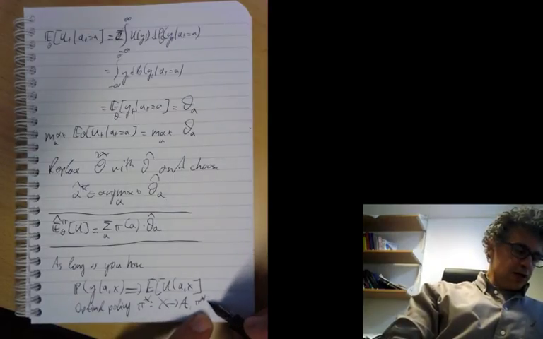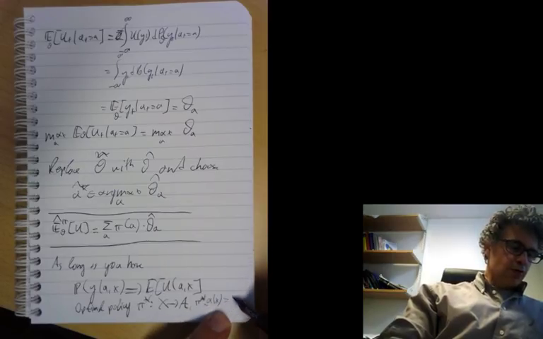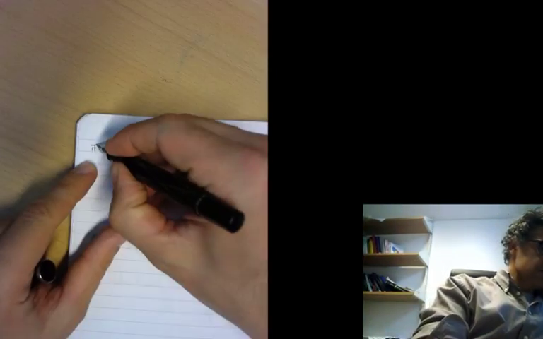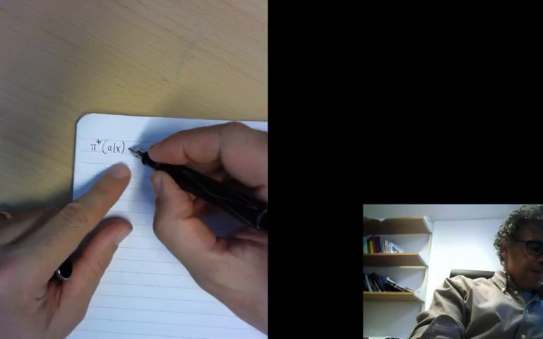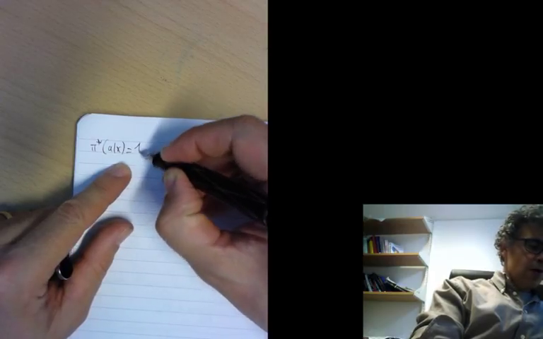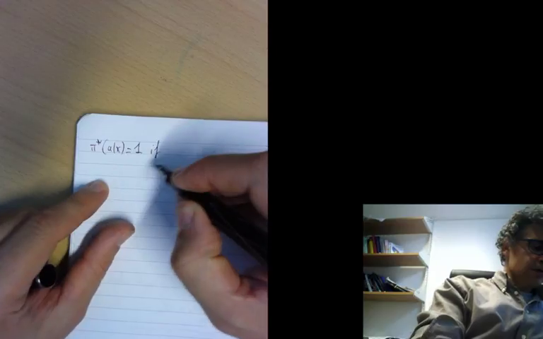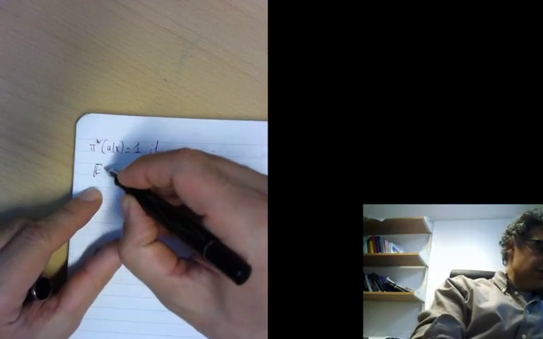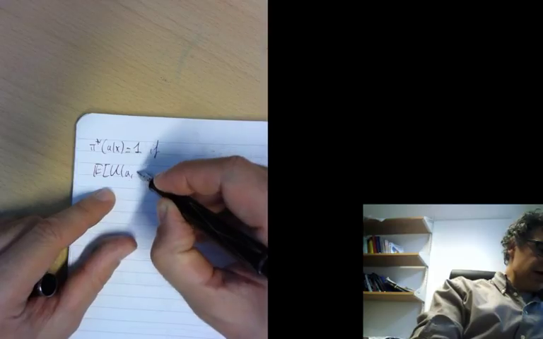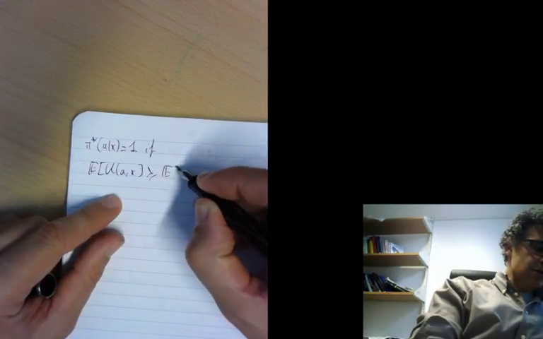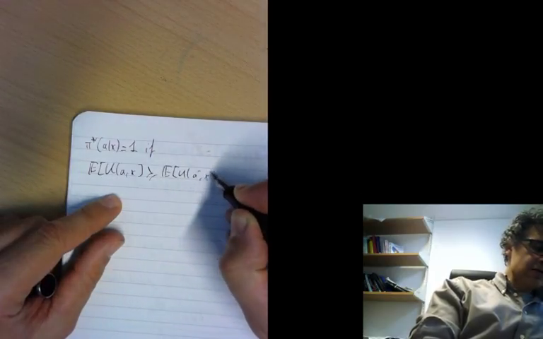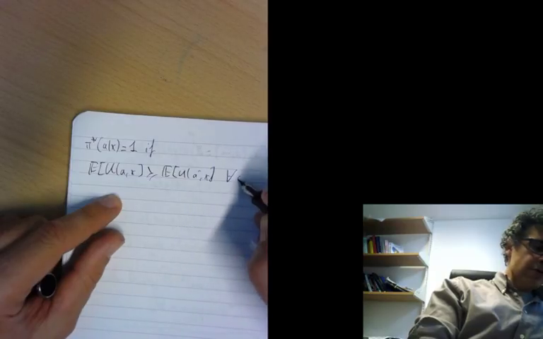Okay, so P star A given X is equal to, let's put here. So then the optimal, okay, is going to be 1 if the expected utility of A given X is greater or equal than the expected utility of A prime given X for any other A prime.